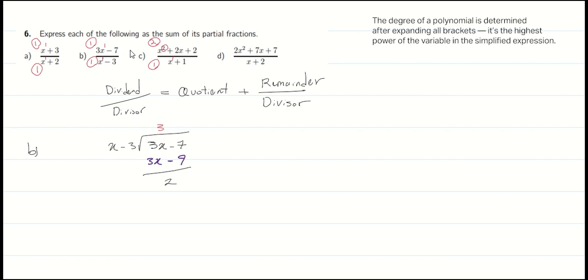So on this question, we can write this as our quotient, which is equal to 3, plus the remainder, which is equal to 2, over our divisor, which is x minus 3.